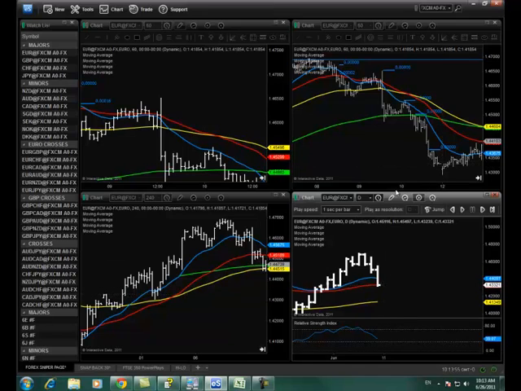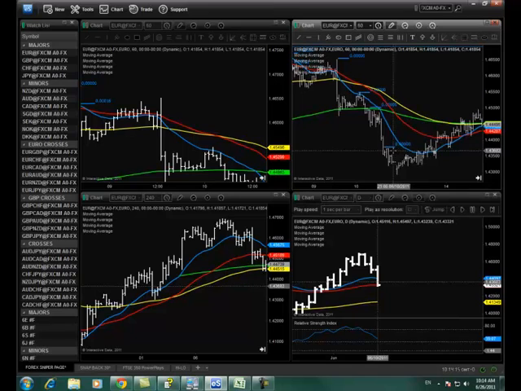Okay, and you can see that these screens are now linked, so you can see at this point here as it comes down, the 50 moving average is at this level. Look at that horizontal level that gets displayed there. The 50 moving average on the dailies, and you can see it now on the 60-minute chart. So you can see that level there getting respected. All right, we've got our stop down, so that's fine.